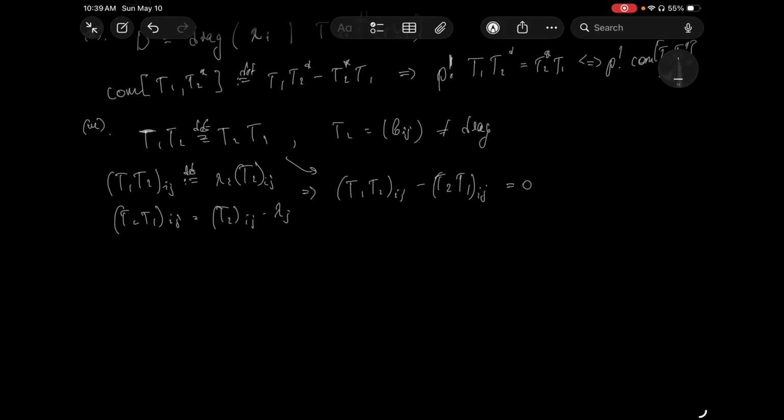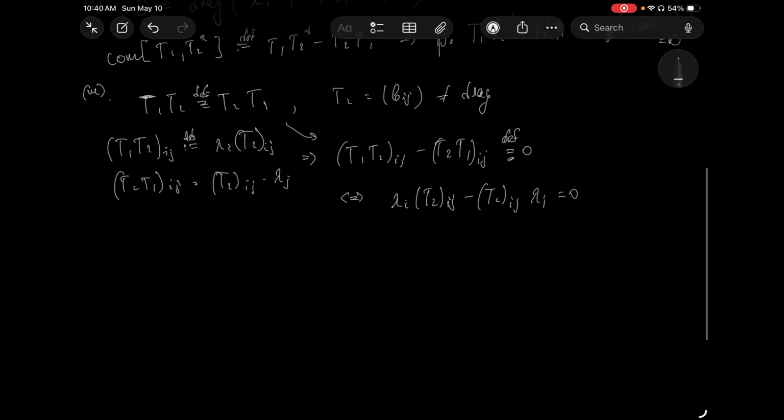It comes from this fact by definition, right? And then we can say that it is equivalent to saying lambda i T2 ij minus T2 ij lambda j equals 0.